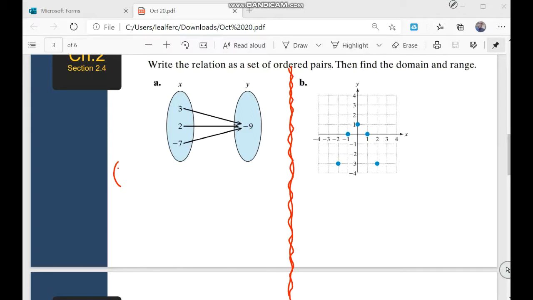The first one: x equals -7 and y equals -9. This is one ordered pair. Another one, x equals 2, y equals -9. Another pair, x equals 3 and y equals -9.